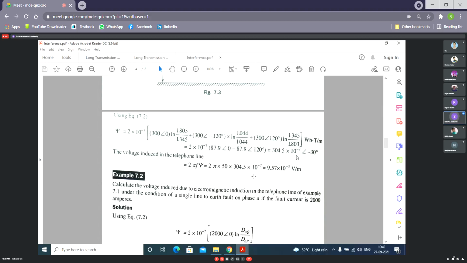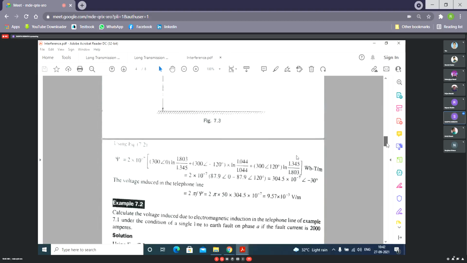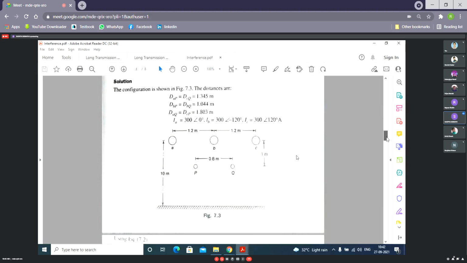Now you are asked for the same problem to find out the electromagnetic induction when there is a fault. Okay, single line to ground fault in phase A and the fault current is 2000 amperes. So the balanced current was only 300.